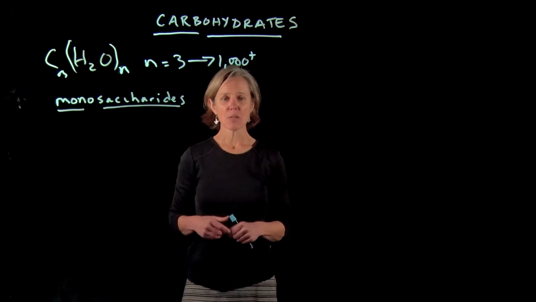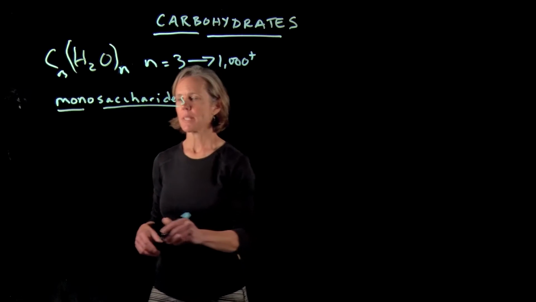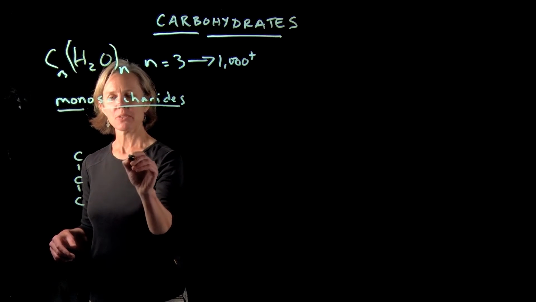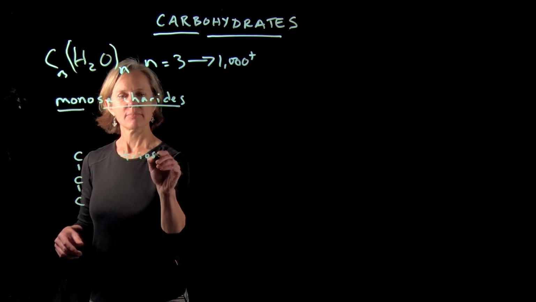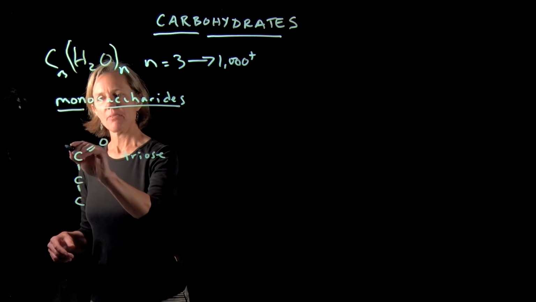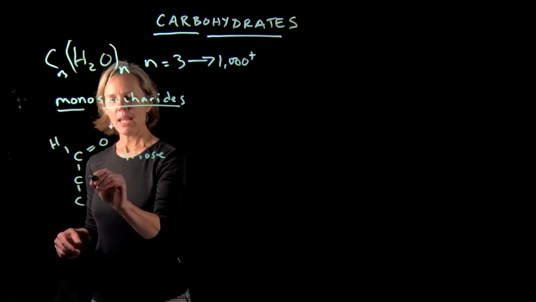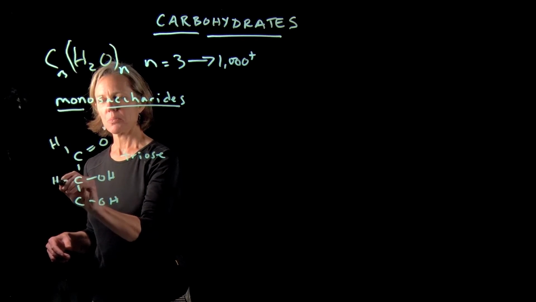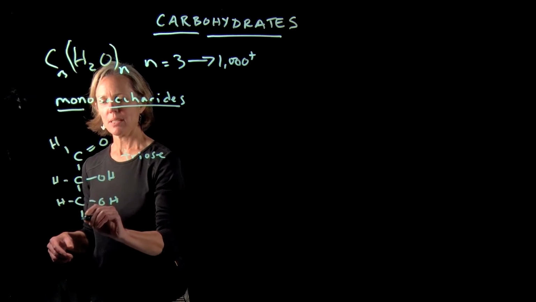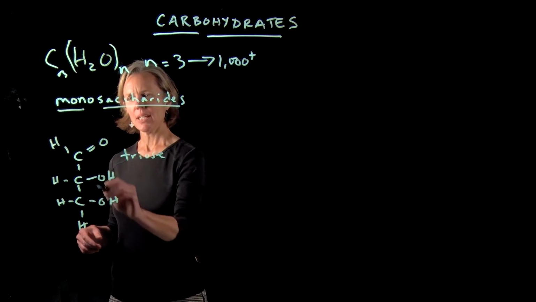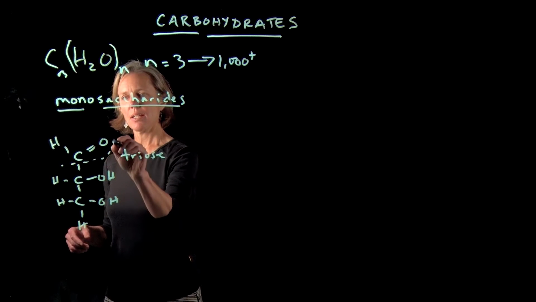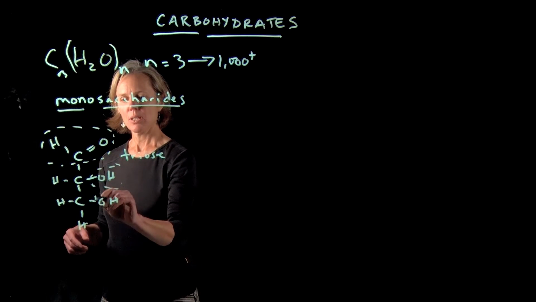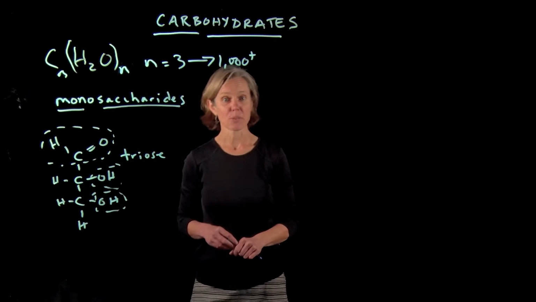Okay? Let's start with a carbohydrate that has 3 carbons, and that would be called a triose. Okay? It would have a carbonyl group, and it would have lots of hydroxyl groups, okay, as well as carbon-hydrogen bonds. Okay, again, there's our carbonyl, and we have 2 hydroxyl groups.